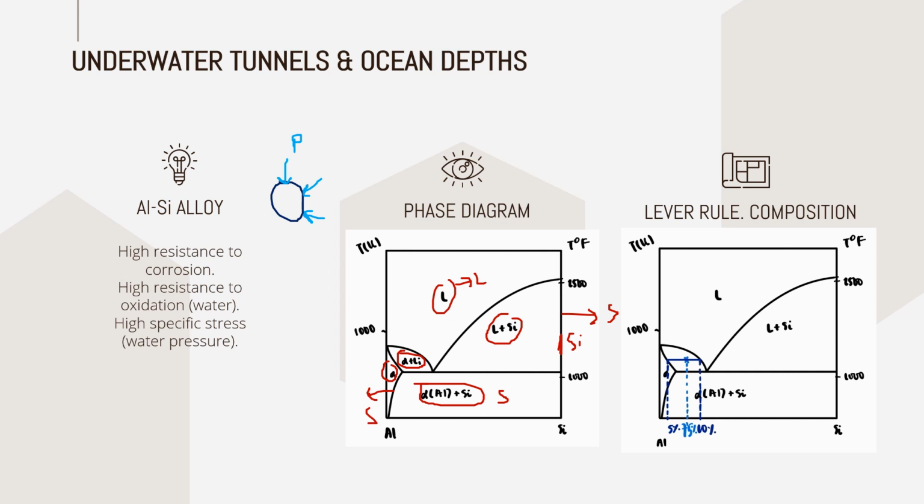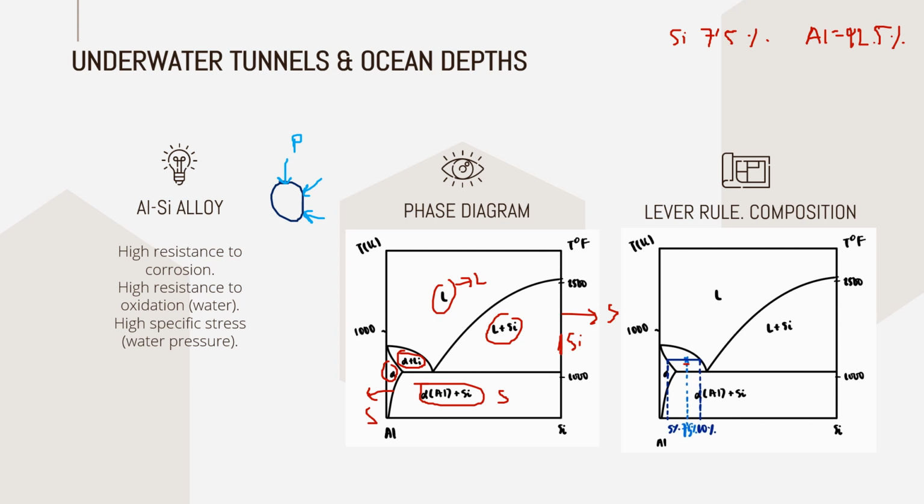I wrote here, this is my example, at 7.5% of silicon. So we know the silicon concentration would be 7.5%. We know then that the aluminum concentration would be 92.5%.